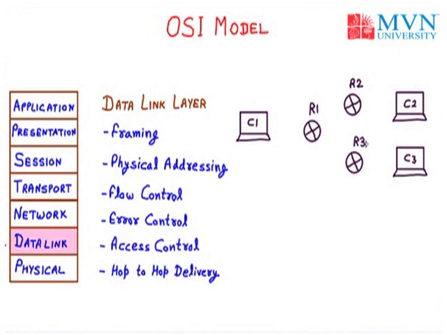Here R stands for router and C stands for computer, and the routers and computers are connected with each other in a particular fashion. Here C1 is our source and C3 is my destination. And we are talking about hop-to-hop, and between C1 and C3 we have 2 hops, that means R1 and R3.